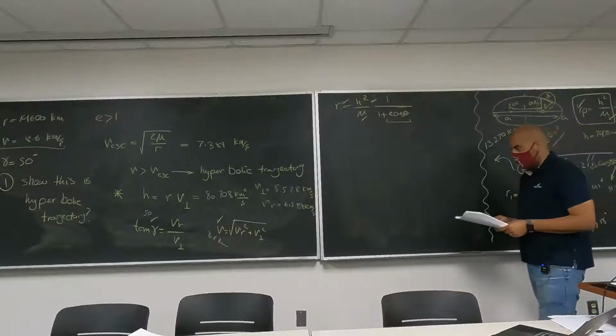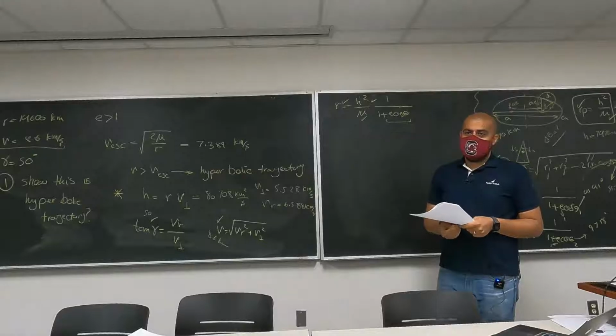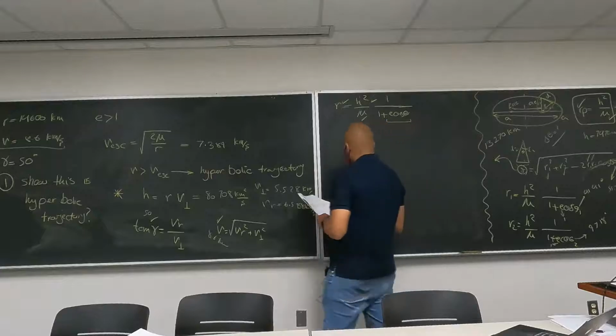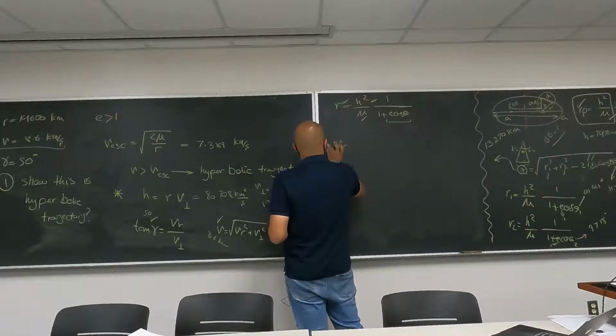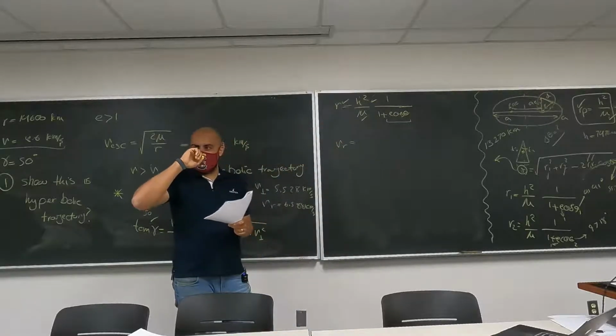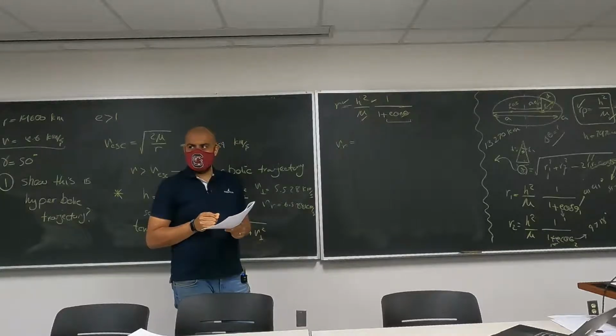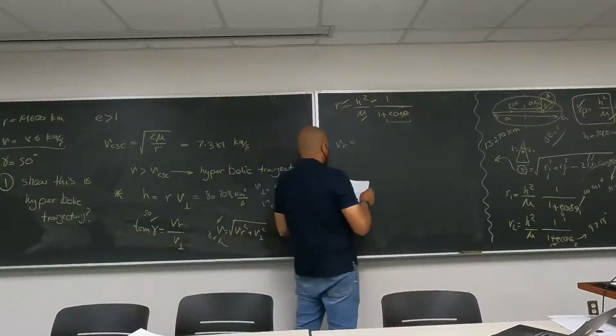Let's see if we can find that. V infinity equals mu over h, e sine theta, equals mu over h times the square root of e.